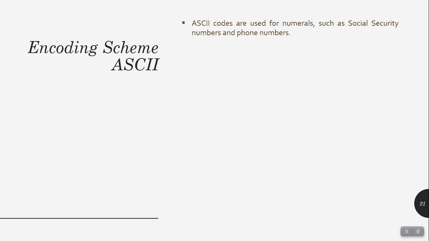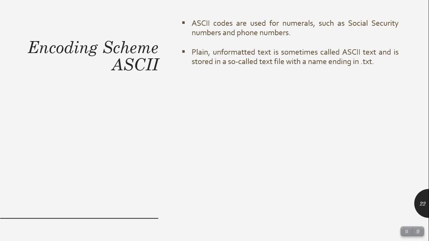ASCII codes are used for numerals such as social security numbers and phone numbers. Plain unformatted text is sometimes called ASCII text and is stored in a so-called text file with a name ending in .txt.